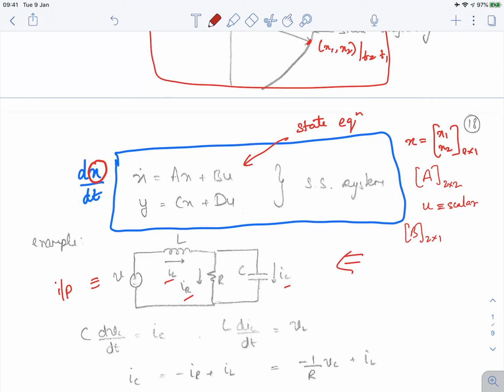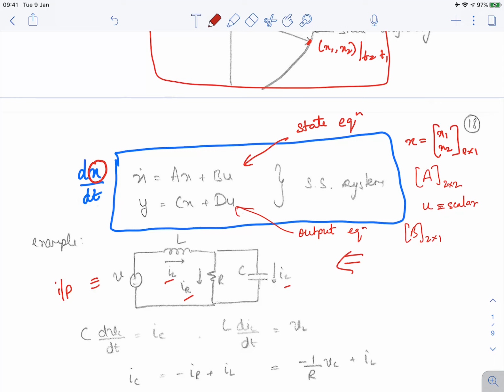So u is my input, x is my state variable, and this last equation we call the output equation, which is nothing but a linear combination of the state and the input variable associated with two matrices C and D.